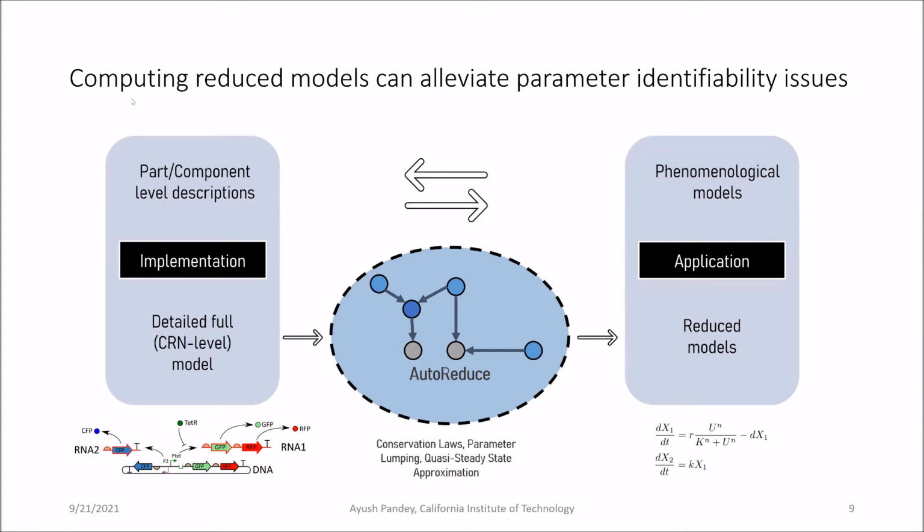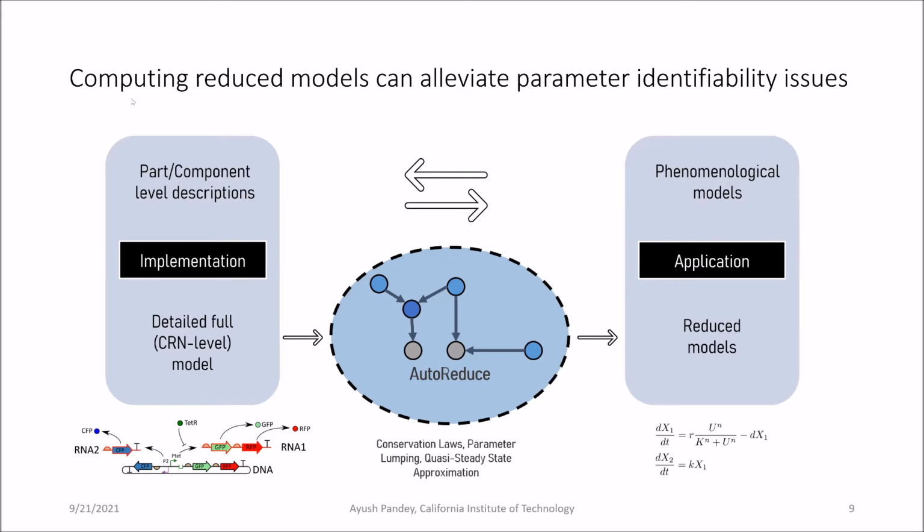Can we identify parameters to be reduced out of the model computationally? Parameter sensitivity analysis, yes, that is a built-in feature of AutoReduce and Bioscrape. You can simulate your model and also compute the sensitivity coefficients with respect to all parameters in your model.